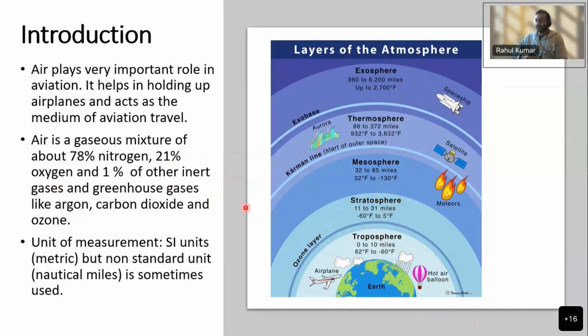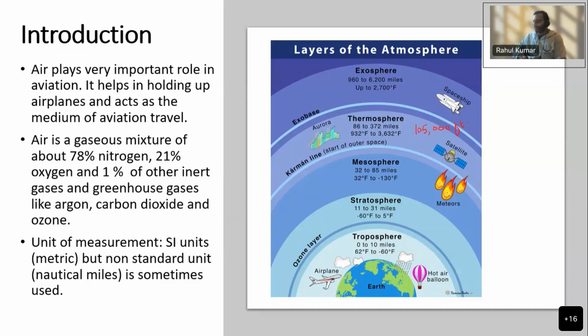Okay, so it's around 105,000 feet. Now the atmosphere is divided into regions.